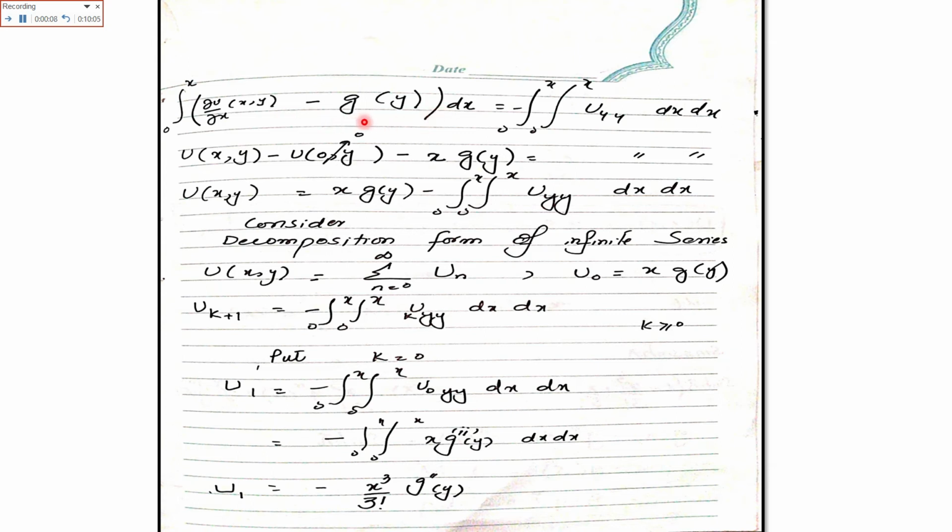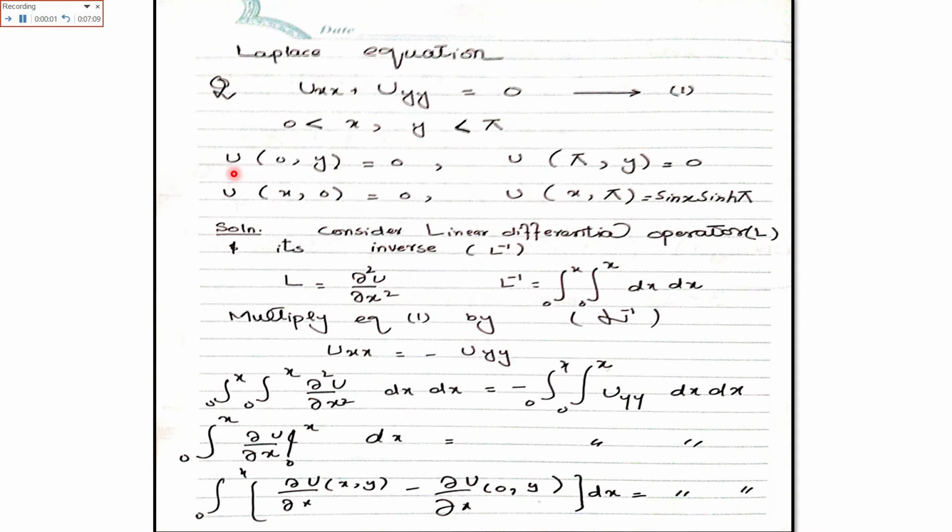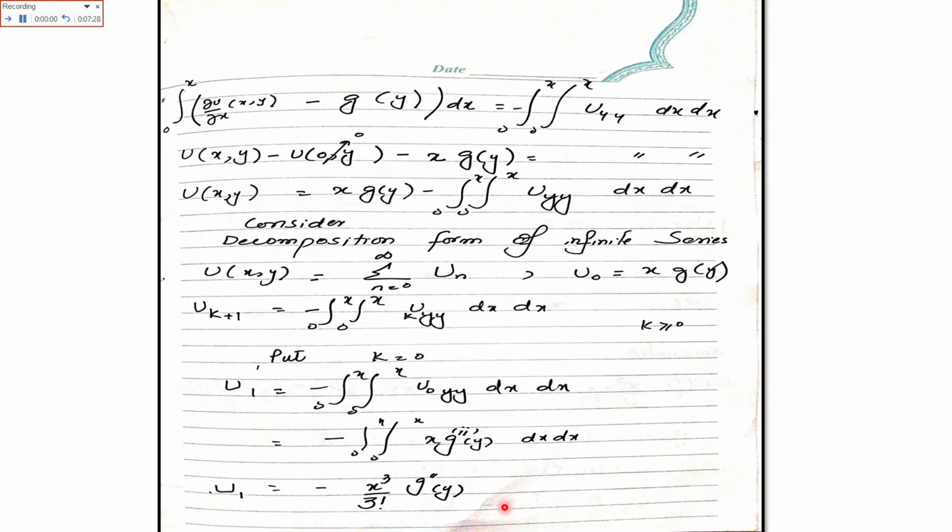Why have we introduced g(y) here? That is important. These boundary conditions are only upon u, not upon u dash. Here we basically have u dash, so there is no boundary condition related to u dash, or the derivative boundary condition. So we introduce a third variable, which is basically g(y).